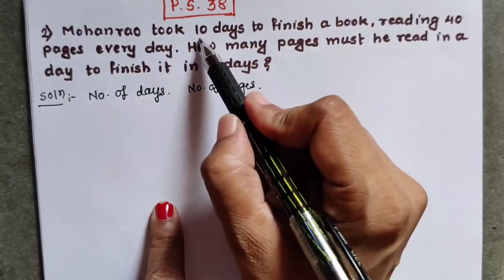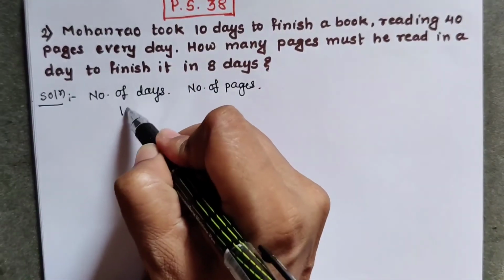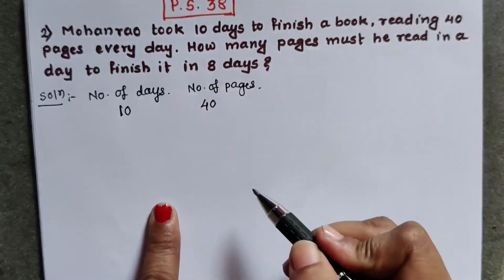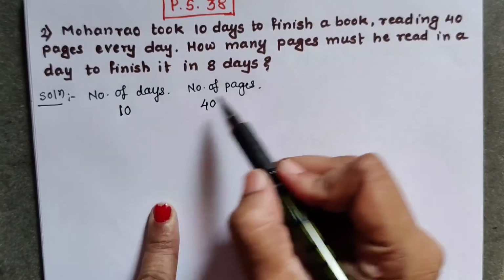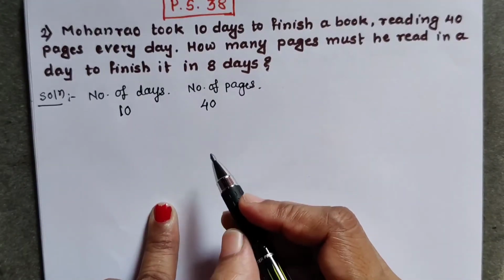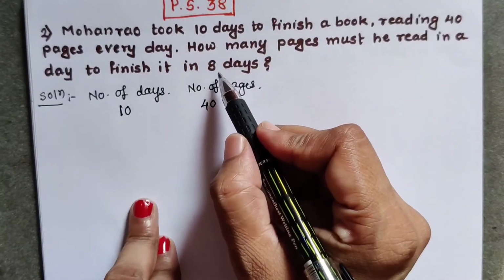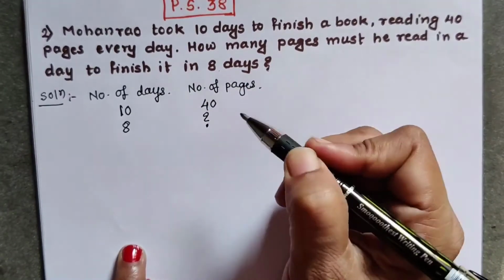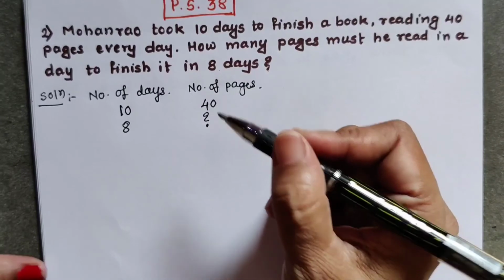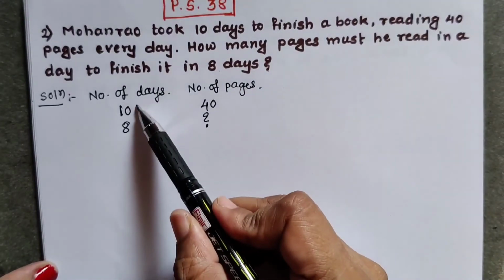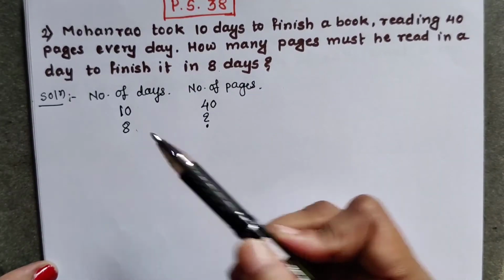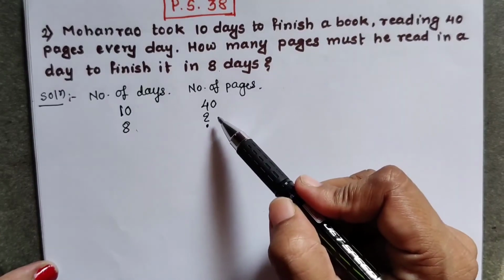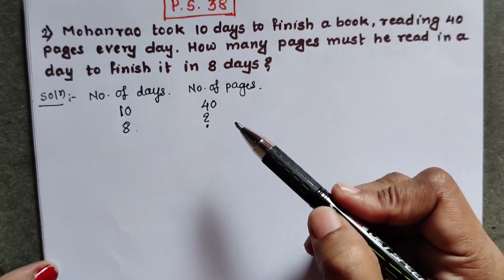So if he has to finish the book in 10 days, he has to read 40 pages every day. So number of days is 10 and number of pages is 40. And if he has to finish the book in 8 days, we have to find out how many pages he has to read every day. If the number of days is decreasing, he has to read more pages to finish his book.